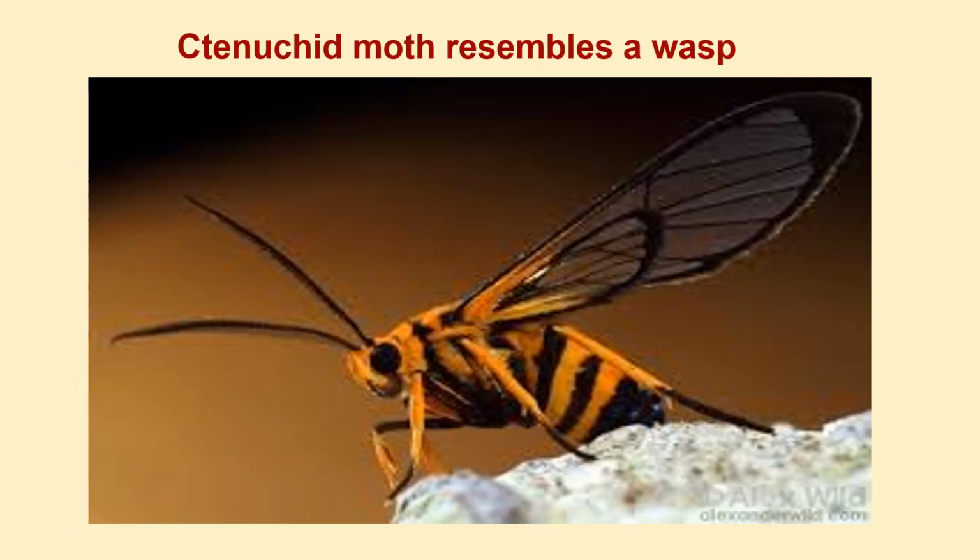Next, Mullerian mimicry. Mullerian mimicry is based on the observations made by Muller in the year 1879. In Mullerian mimicry, two or more species with unpleasant or dangerous attributes resemble each other for the purpose of protection.